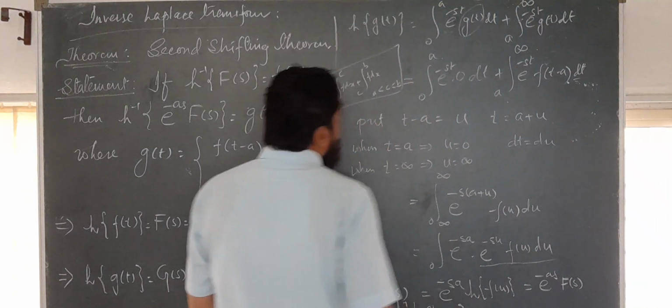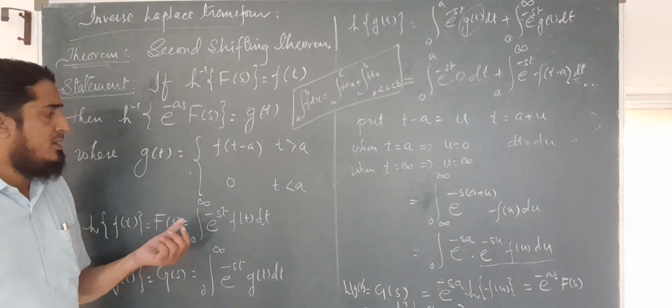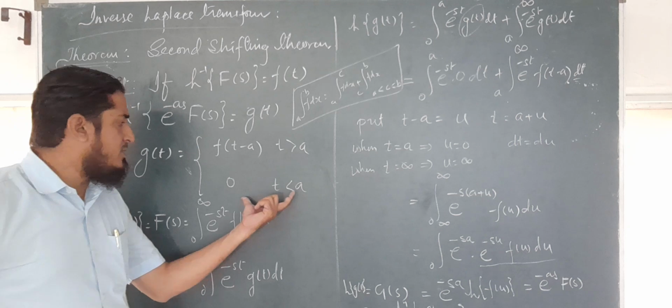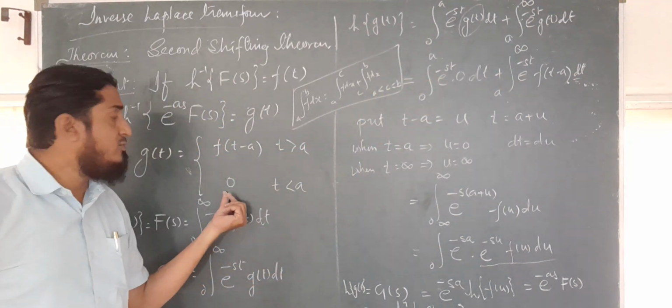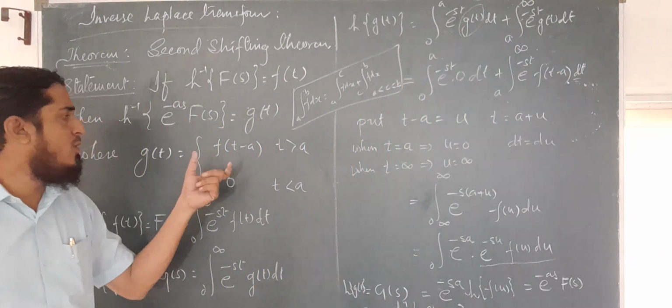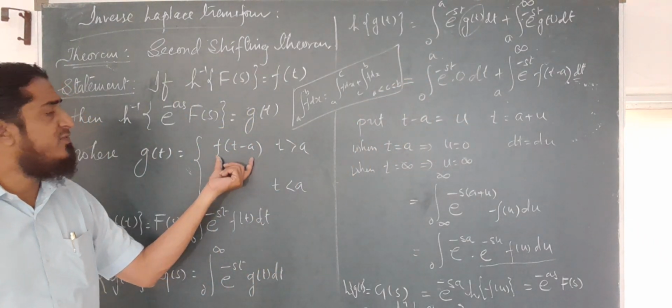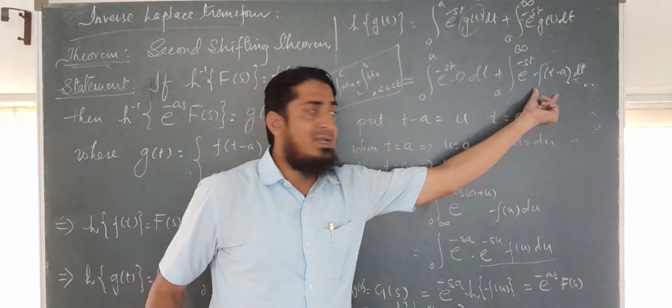Now we have just put the value of g of t in that particular interval. So from 0 to a, we have the value 0, that's why we have put 0 here, and from a to infinity f of t minus a.